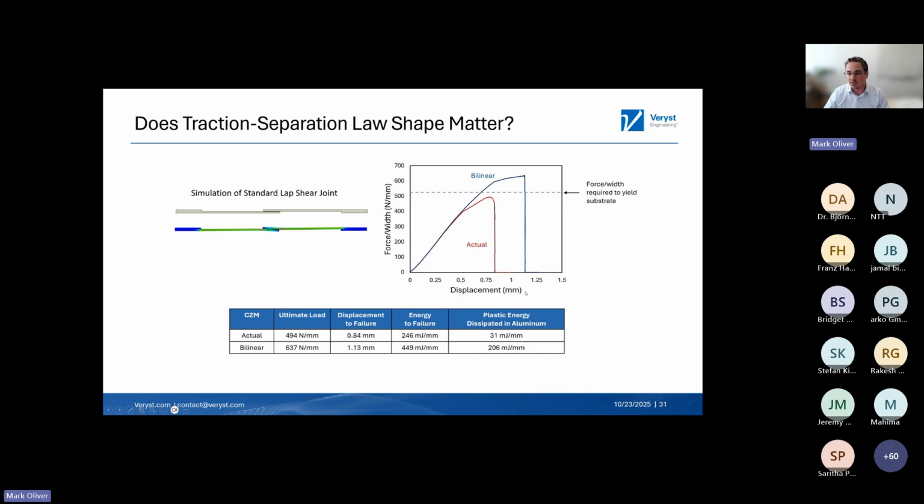And you end up predicting an energy to failure that's nearly double what we predict with the actual CZM. So the shape of your cohesive zone model can definitely matter, and it's something to keep in mind as you're selecting these models.